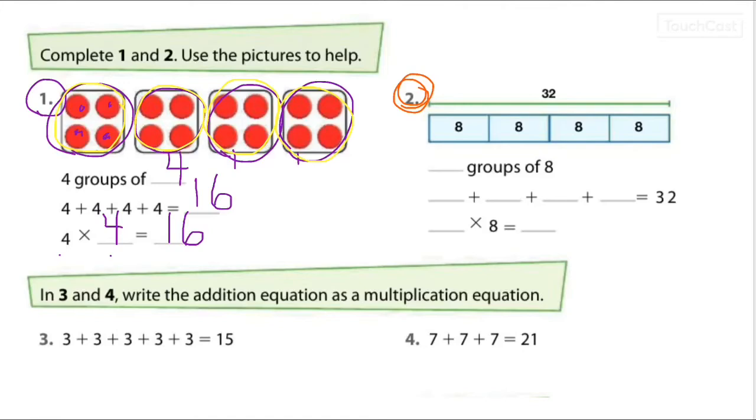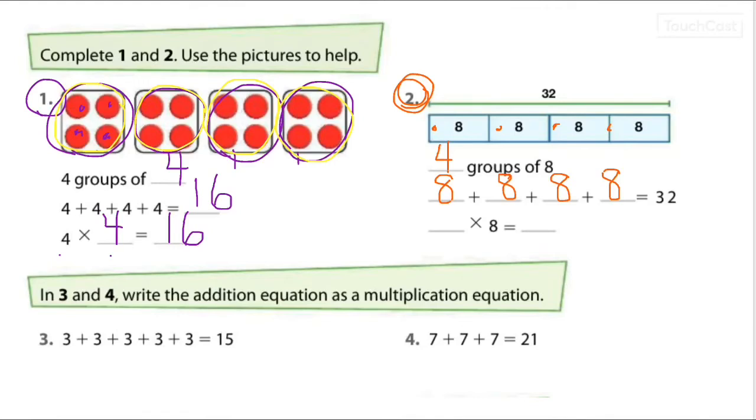So here I have groups of 8. How many groups of 8 are there? 1, 2, 3, 4. There are 4 groups of 8. Now, how would I write that as an addition sentence? Well, let's see. I have 1 8 plus 2 8s plus 3 8s plus 4 8s. So that is 4 groups of 8 as an addition sentence.